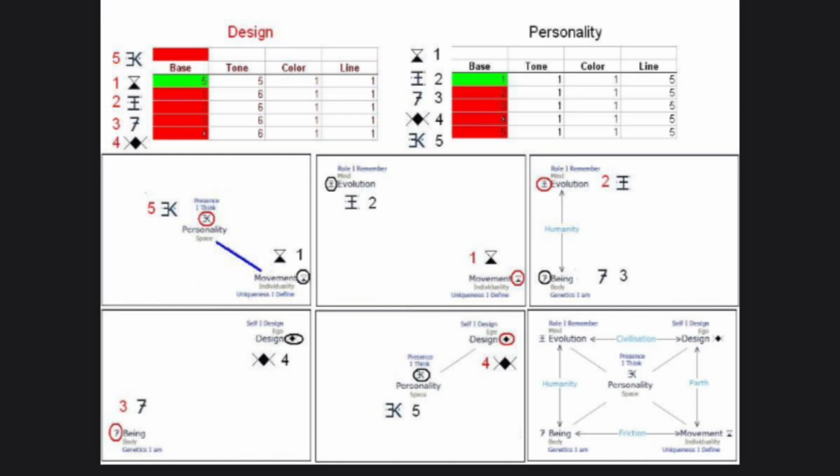So let's begin with the very first one. It's over here. What we're looking at is the dimension of movement. We're looking at this uniqueness, the establishment of uniqueness.